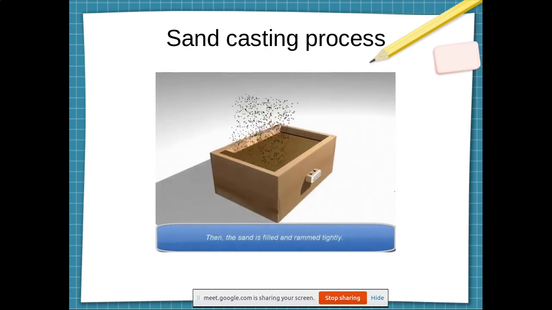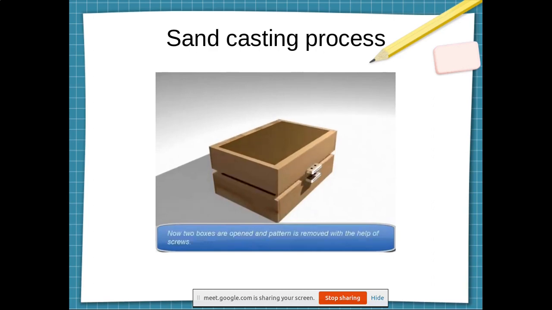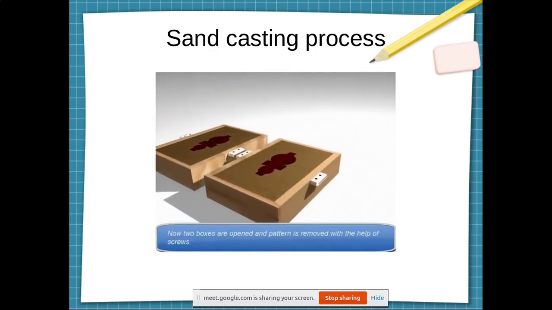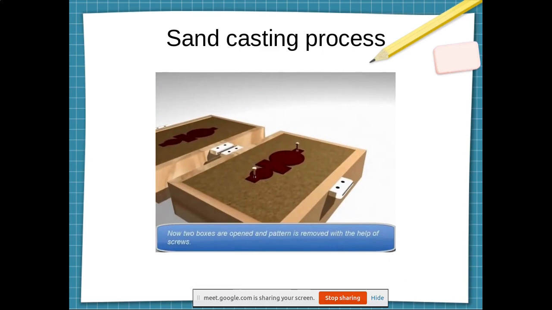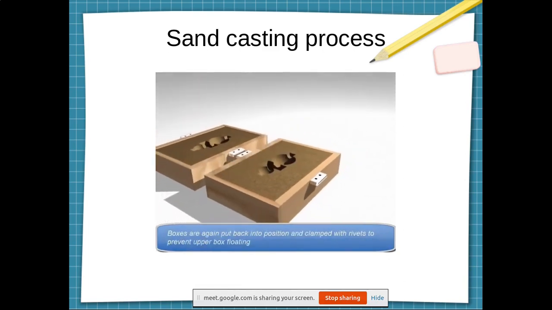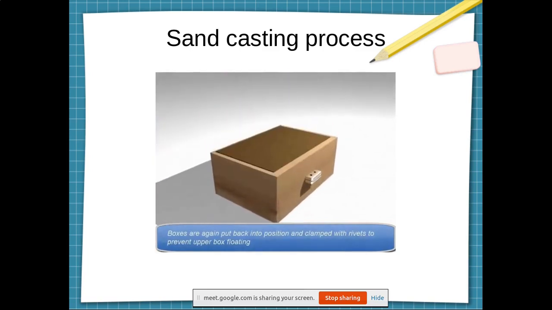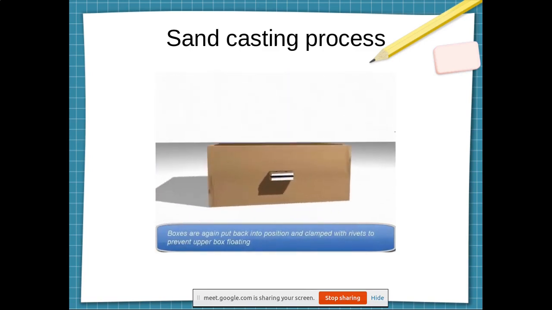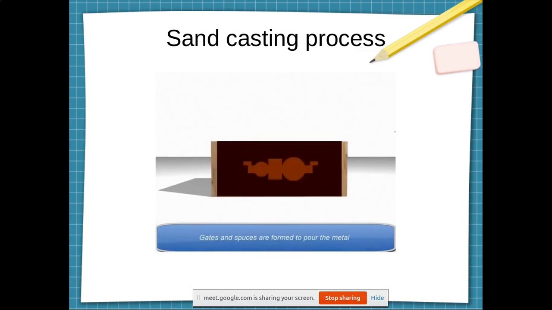Then the sand is filled and rammed tightly. Now two boxes are opened and pattern is removed with the help of screws. Boxes are again put back into position and clamped with the rivets to prevent upper box floating.